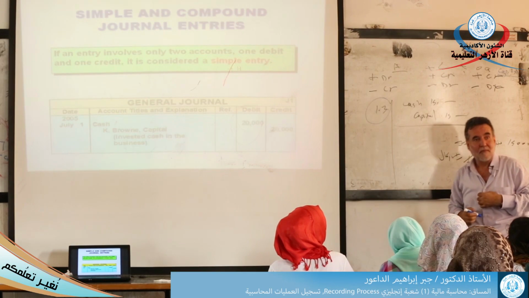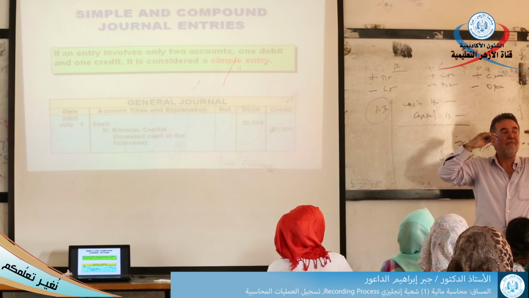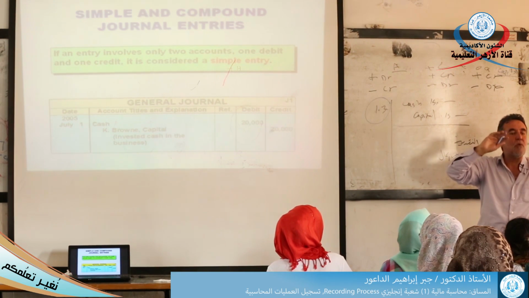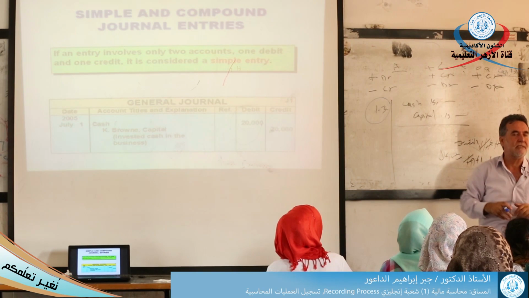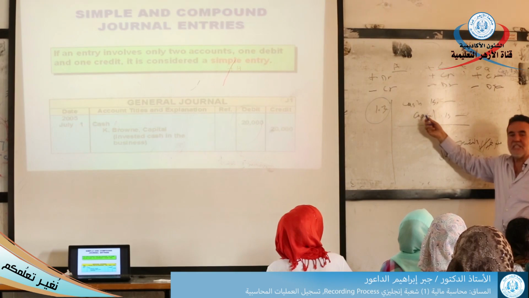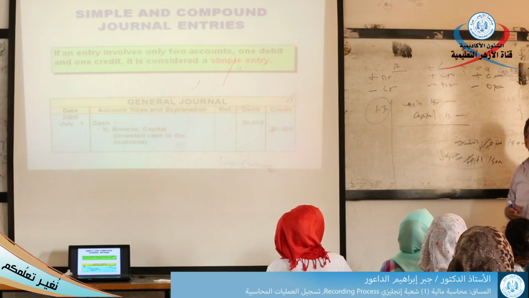Also, always the amount for the debit side equals the amount in the credit side. For example, cash to capital, 15,000, 15,000.